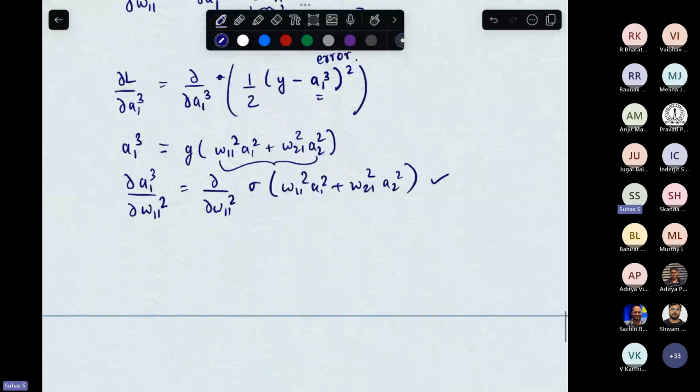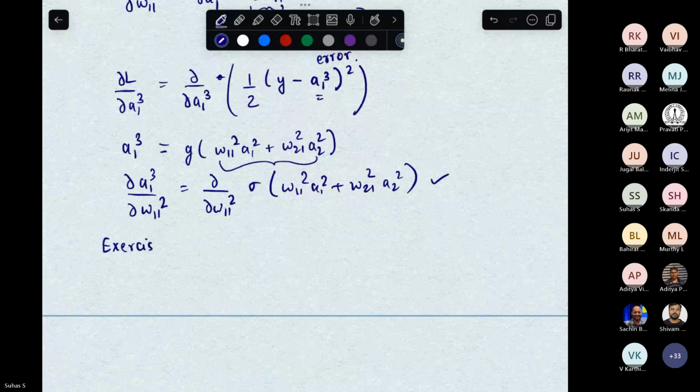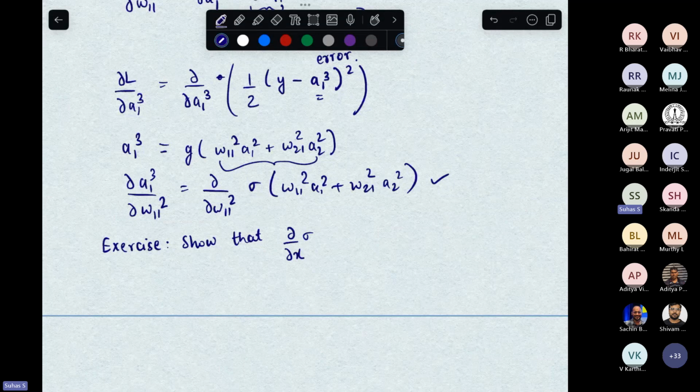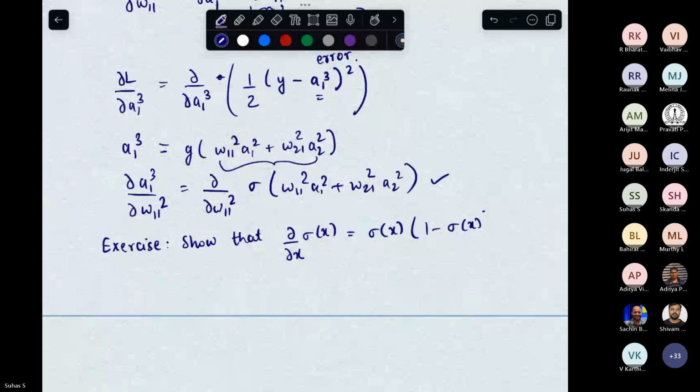And you could try this as an exercise. Show that the derivative of the sigmoid function is the sigmoid times 1 minus sigmoid of x. Okay, so you could try this simply as an exercise.